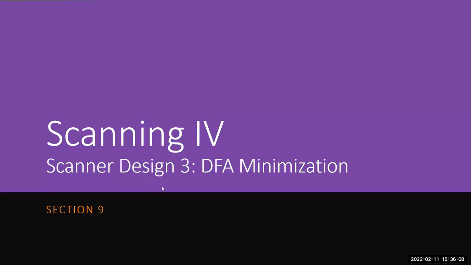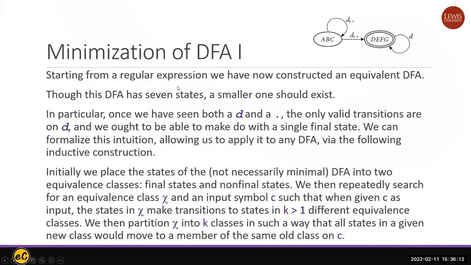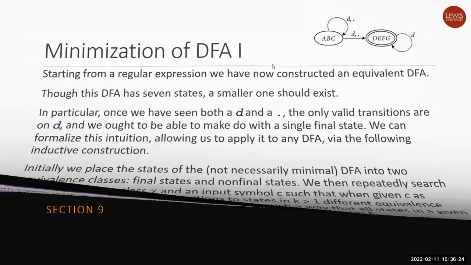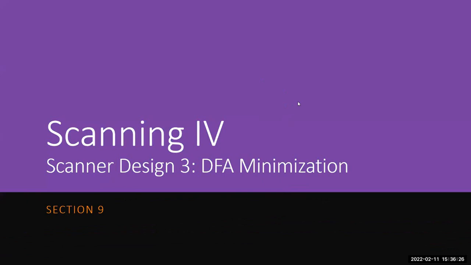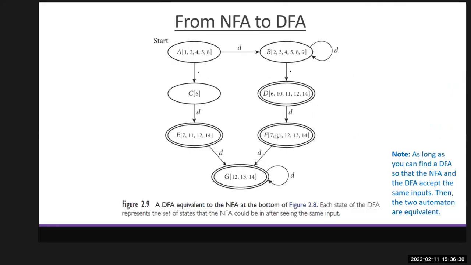DFA minimization, section 9. Starting from the regular expression, we have constructed the equivalent DFA, and then we try to actually generate it. Here we have the final machine like this one.